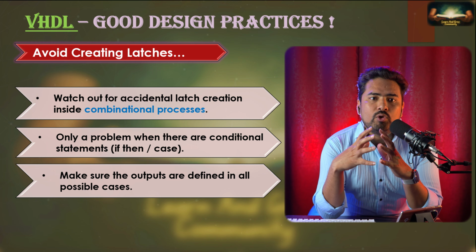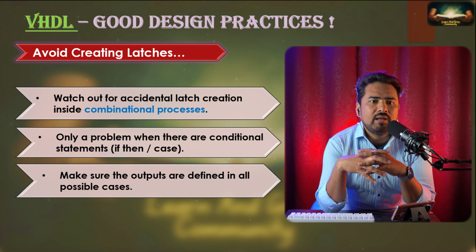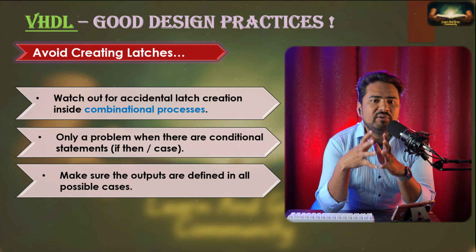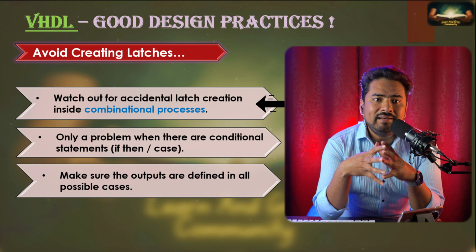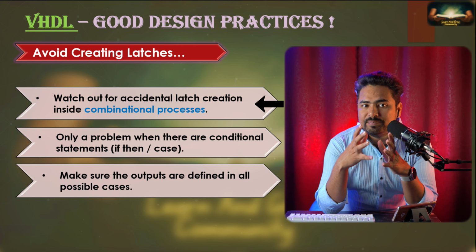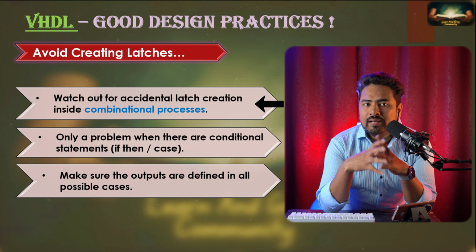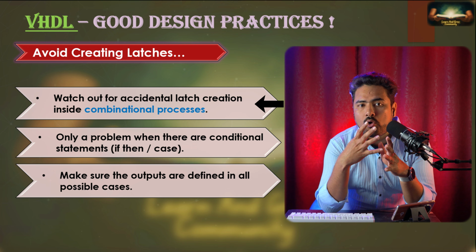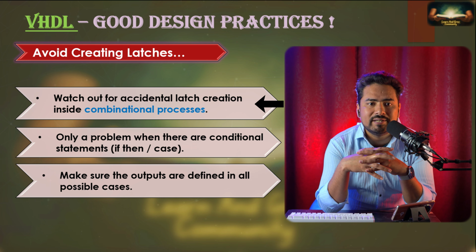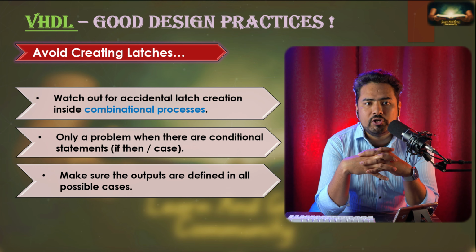Next tip is to always try to avoid generation of latches in your designs. We have already covered this previously, but a quick brief here. You do not design latches in your VHDL code specifically, but they get created in FPGA, especially when you are not careful in covering all the possible options in conditional statements. Latches are generally not recommended in FPGA designs.